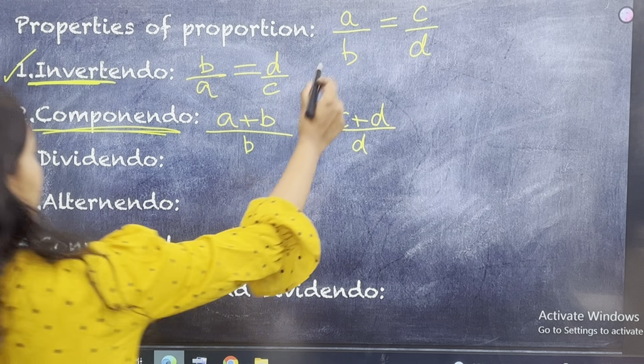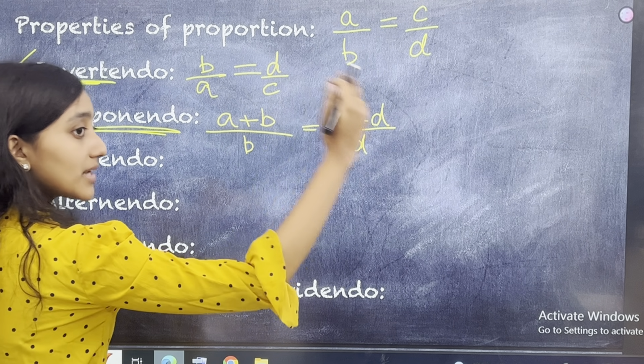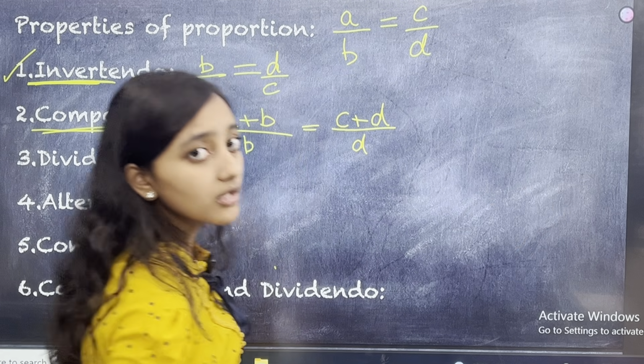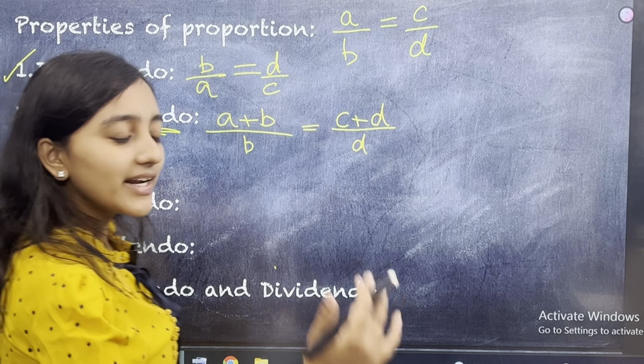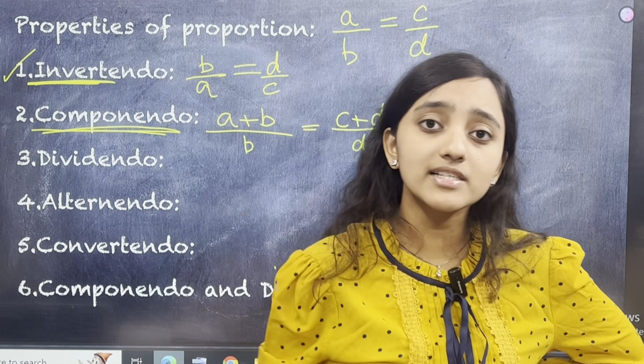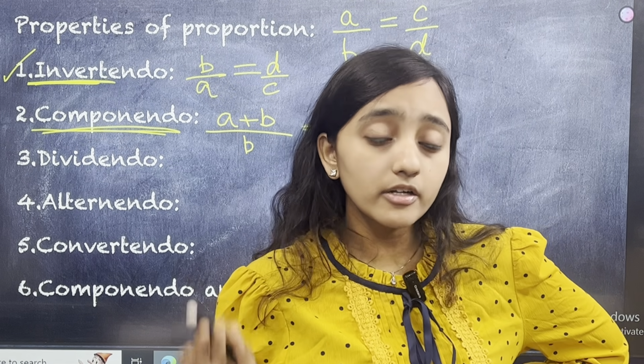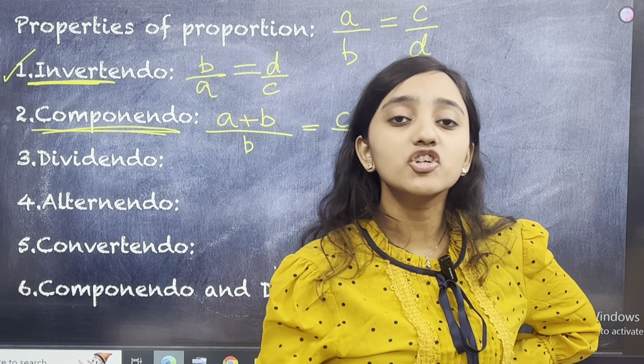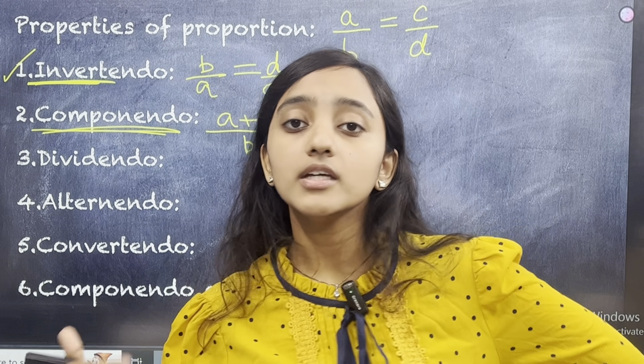Basically, A plus B, numerator plus denominator, by denominator, is equal to numerator plus denominator by denominator. This is known as componendo. Always remember, in componendo an addition operation is performed in the numerator.